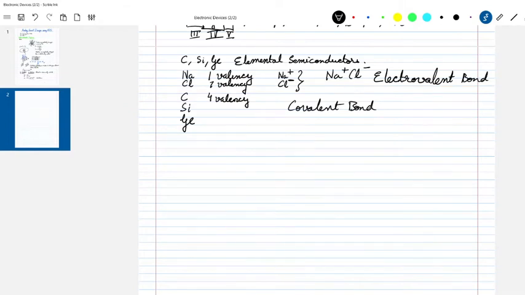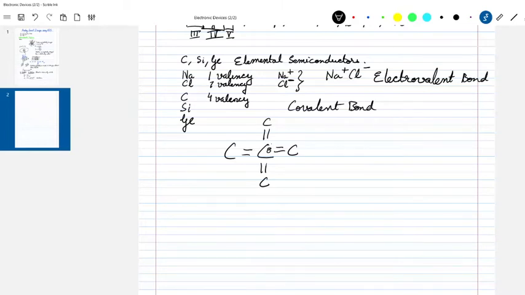So if carbon forms a bond with 4 neighboring carbons, that's how I represent it, it doesn't mean that they are static in space. They are not static in space. It's just that for a certain period of time, all the 8 electrons will belong to, let's say, one of them.